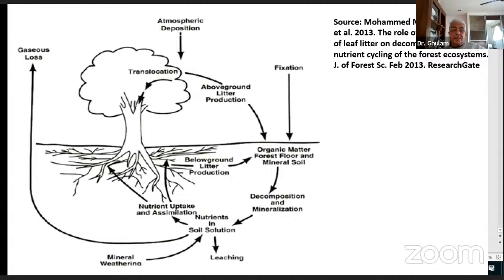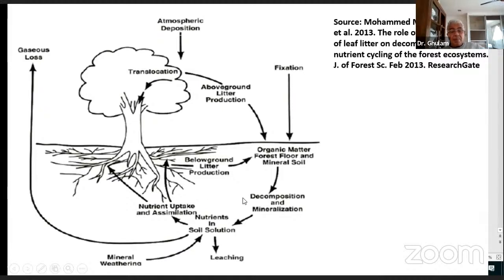In their study, they focus on some of the things that happen below the soil surface, that is in the ground, which normally we can't see. They discuss in some detail nutrient uptake and how the roots take up the nutrients and channel them to the plants or the trees.